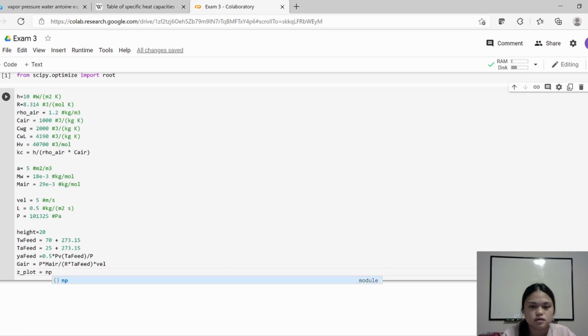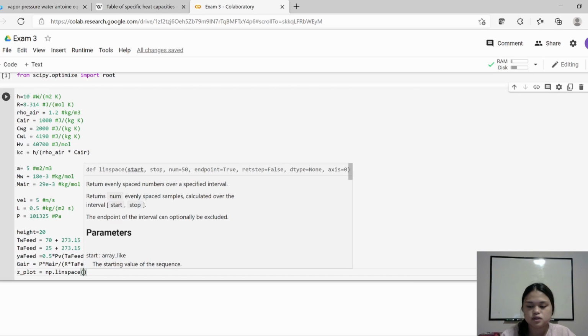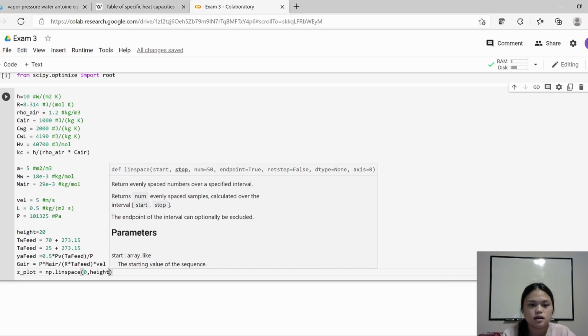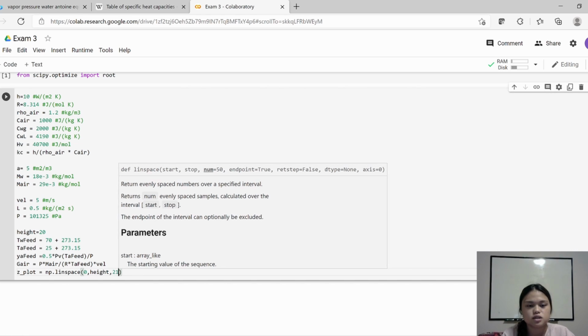I'm just going to use np.linspace. The first number is going to be from 0 meters to 20 meters, but we already defined that as height. Then I can make a certain number of intervals, evenly spaced, and I'm just going to do 21.